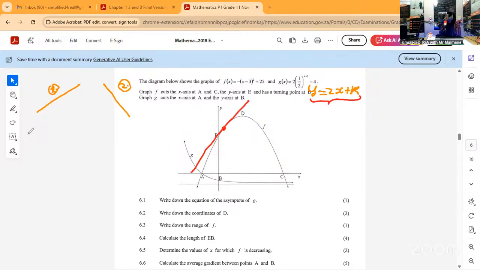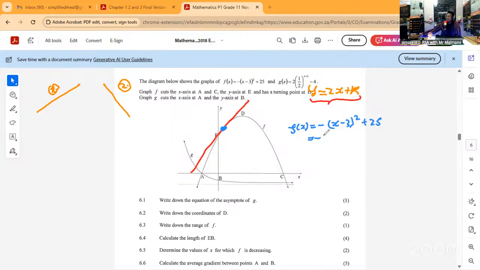So I know it would be somewhere there, and since it is a tangent, it touches one point of f such that f of x is equal to minus (x minus 3) squared plus 25.